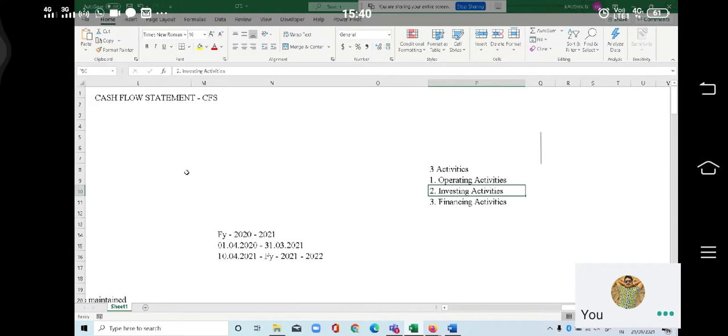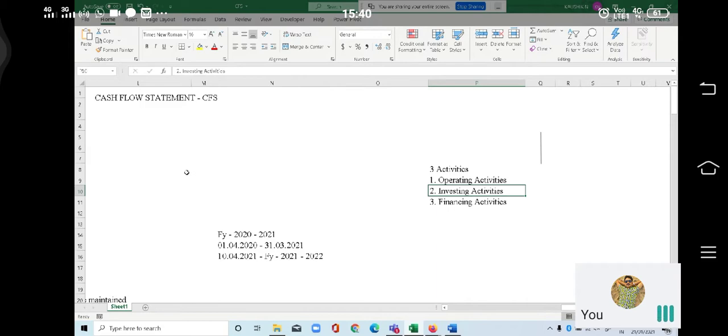For example, if I am a manufacturer of vehicles, then obviously I need raw materials which I will convert into a finished product, and then I'll sell it in the market.